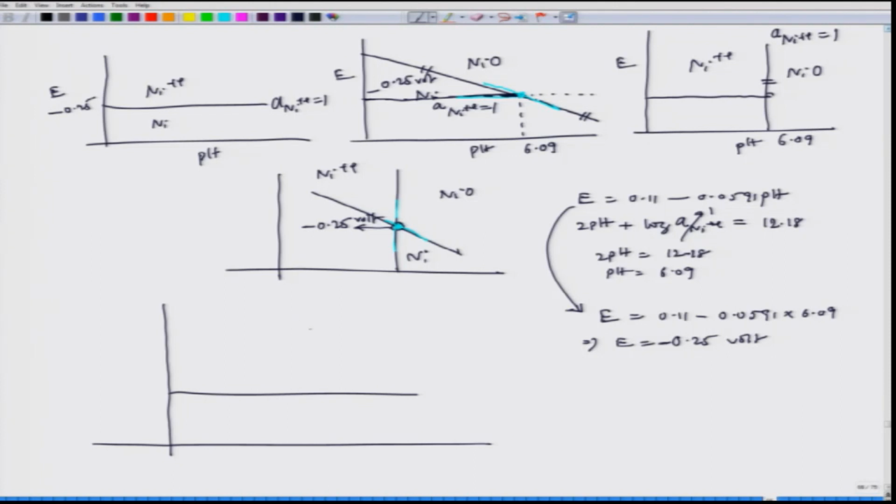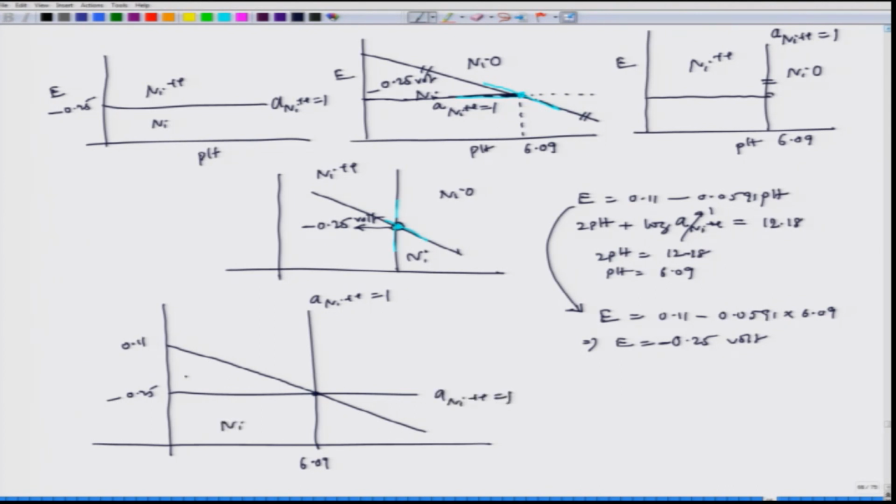Now, we see that this reaction also should go through the same coordinate, which is minus 0.25 and pH equal to 6.09, and this line should also continue like this. This is 0.11, 0.25, 6.09. This is the activity of Ni plus plus equal to 1.